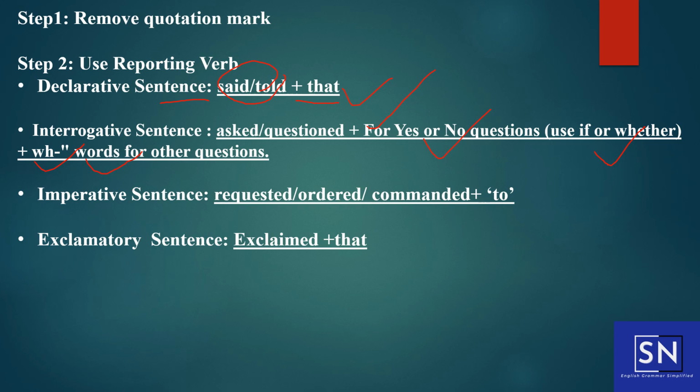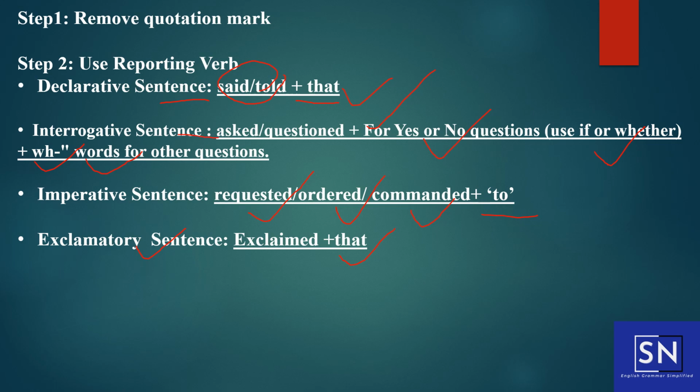Then for imperative sentences, use reporting verbs like requested, ordered, commanded, and include the word to before the action. For an exclamatory sentence, use reporting verbs like exclaimed, followed by that.